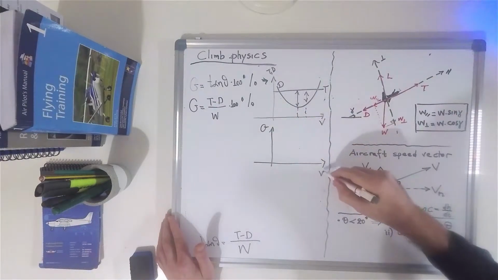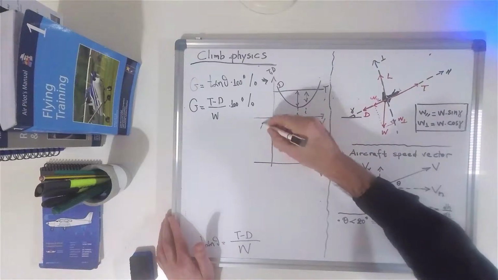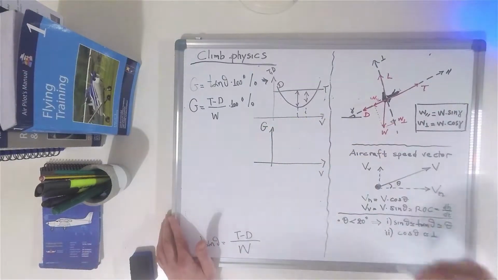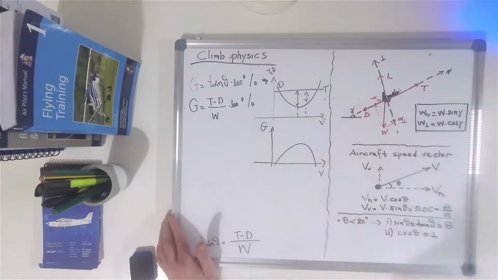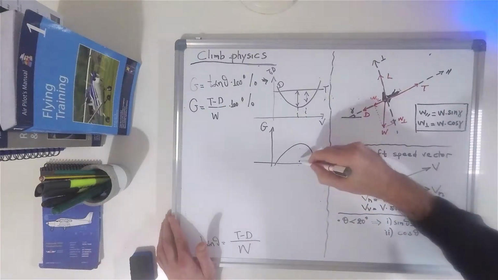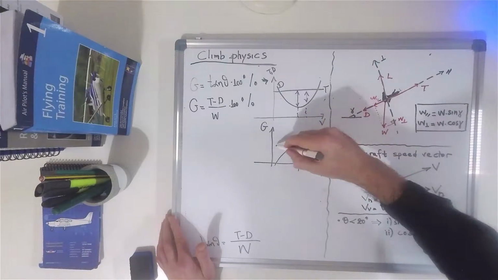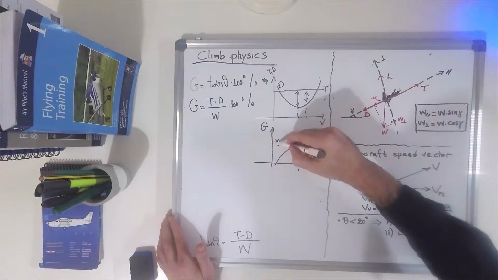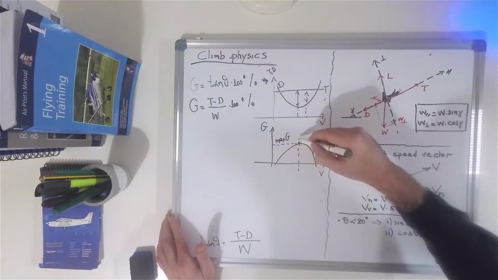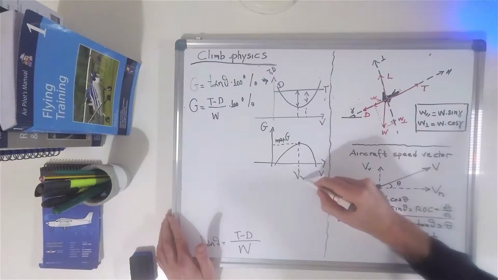If we make a new graph for the climb gradient with airspeed, it will have the same form, and of course we can see the same speed for which we have the maximum climb gradient, which corresponds to the speed that we call Vx.